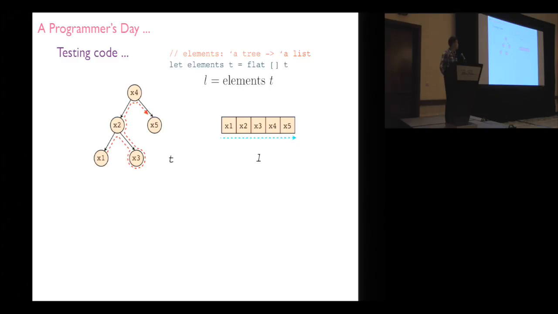The element function says any element from the input tree T is equal to the forward order traversal of the output list L, as what the programmer expects.